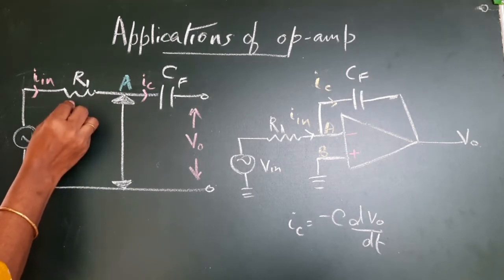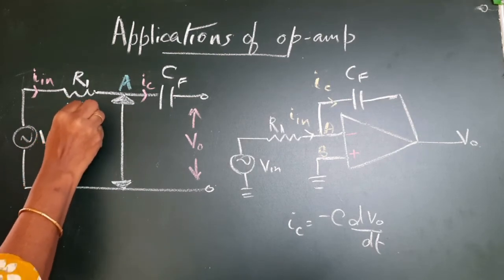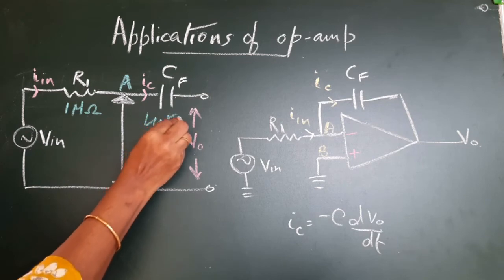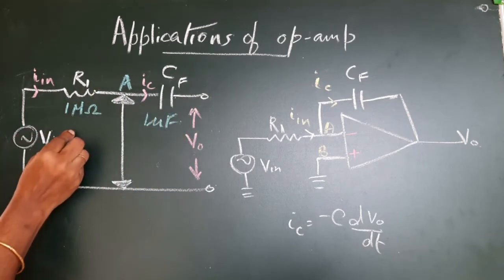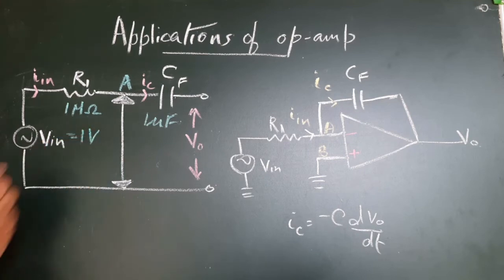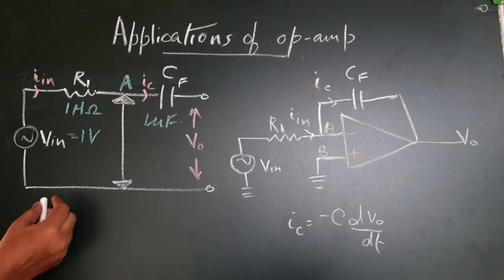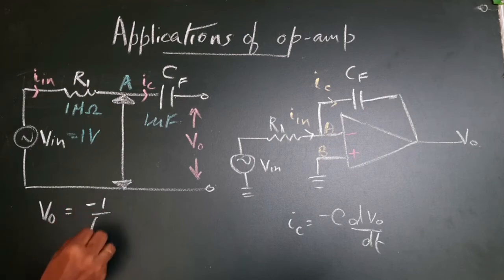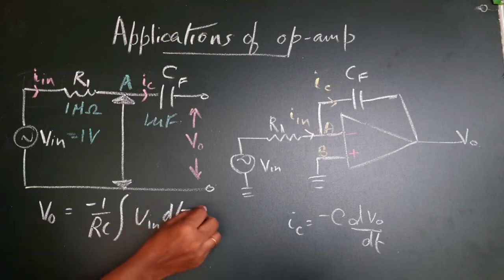If our R is 1 megaohm, and the capacitor is 1 microfarad, and our input voltage is equal to 1 volt, let us see what our output voltage will be. We have the equation V out is equal to minus 1 by RC integral V in dt.